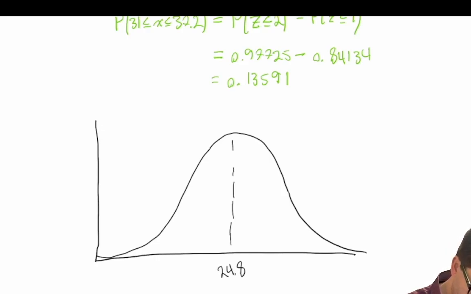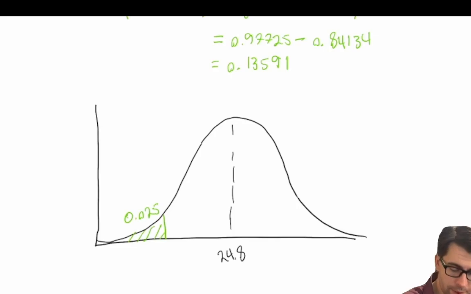And in this case, we're interested in the worst 2.5% of all cars. In other words, the area underneath the curve here, the worst 2.5%, so that's the area to the left, is equal to 0.025.